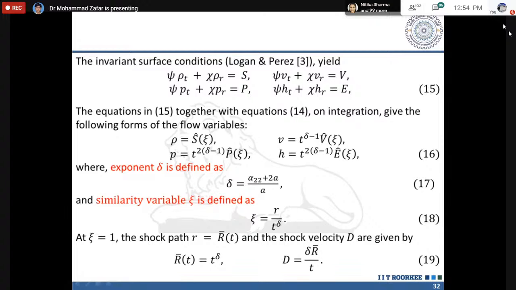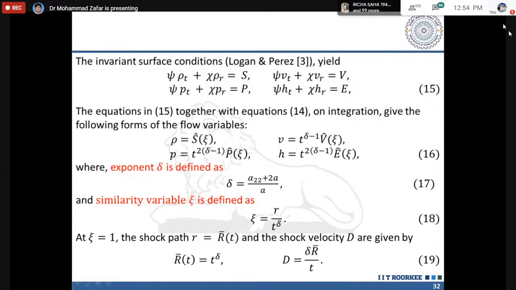We see that a new variable xi appears in each of the flow quantities, and also delta appears. Xi is the similarity variable here, and delta is the constant which has the value alpha 2 plus 2a upon a.